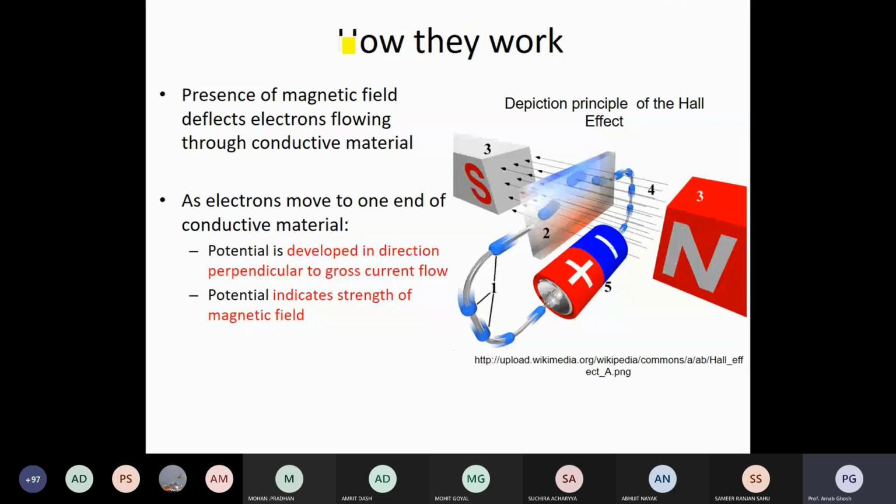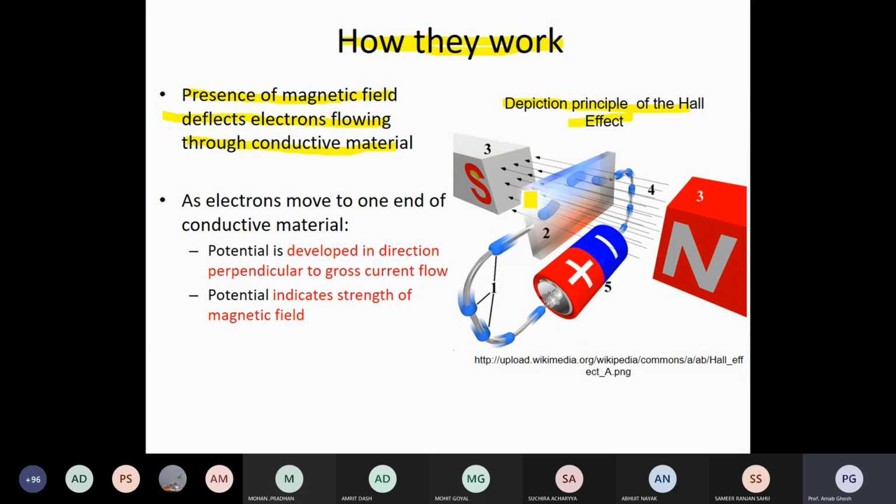You can see the description of the principle of the Hall effect sensor. There is a north pole and a south pole, like in basic DC machine applications. The lines of force go from the north pole to the south pole, and the electrons move through the conductive material across its cross-sectional area.